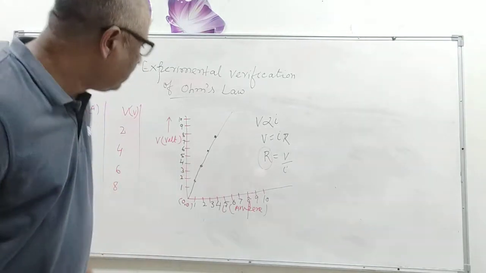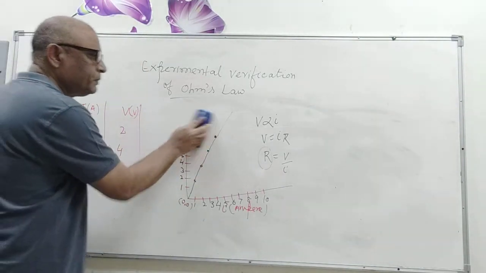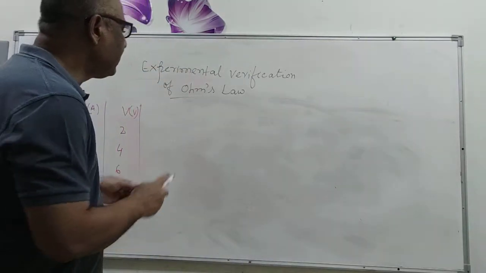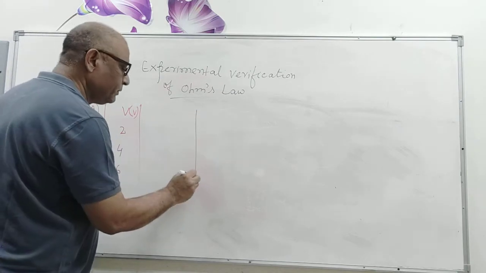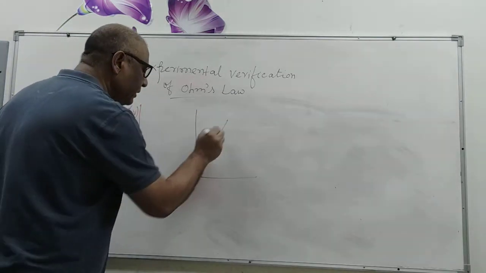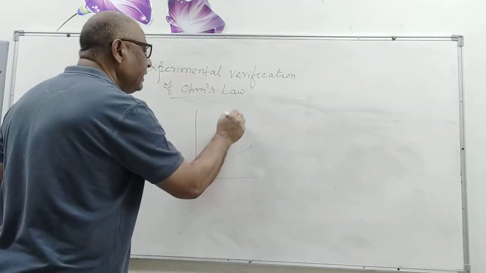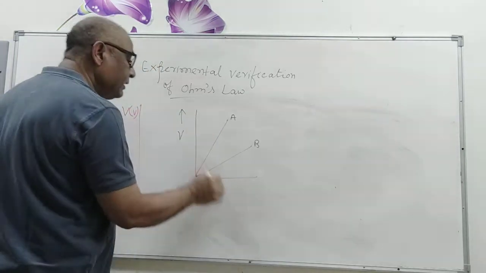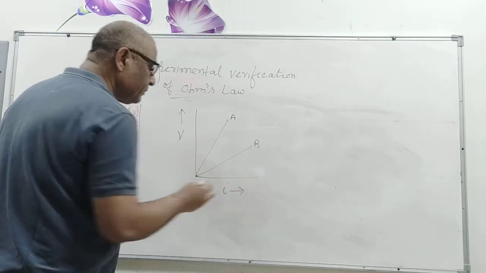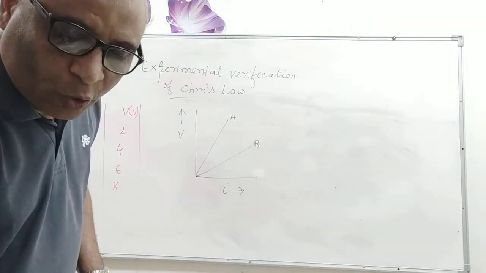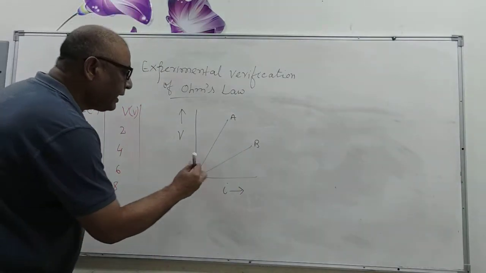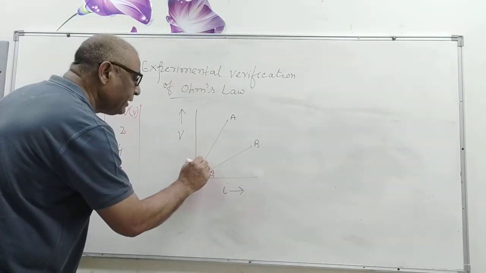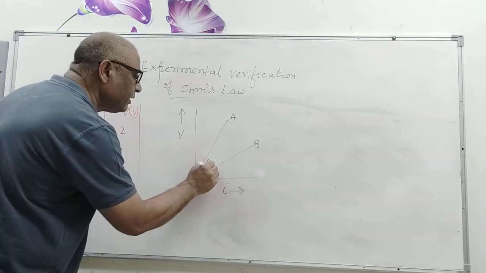Now I am going to draw a general graph here, like this. This is A, and this is B, and this is V, and this is I. We know about the slope. B makes an angle of theta 1 and A makes an angle of theta 2.